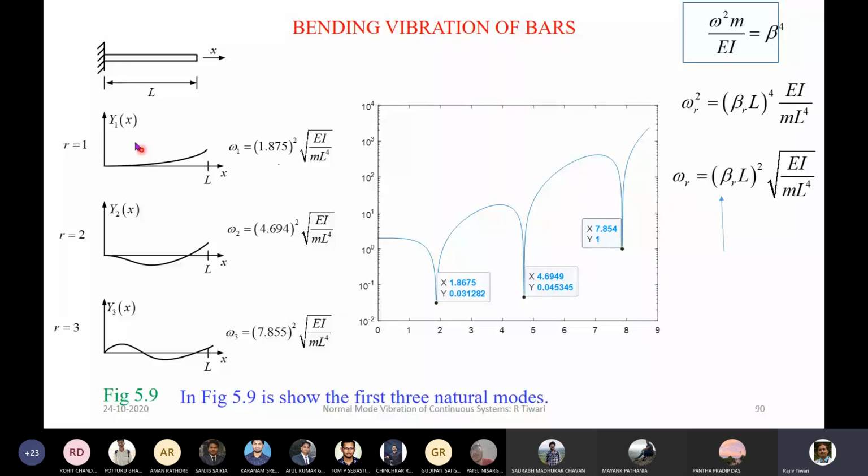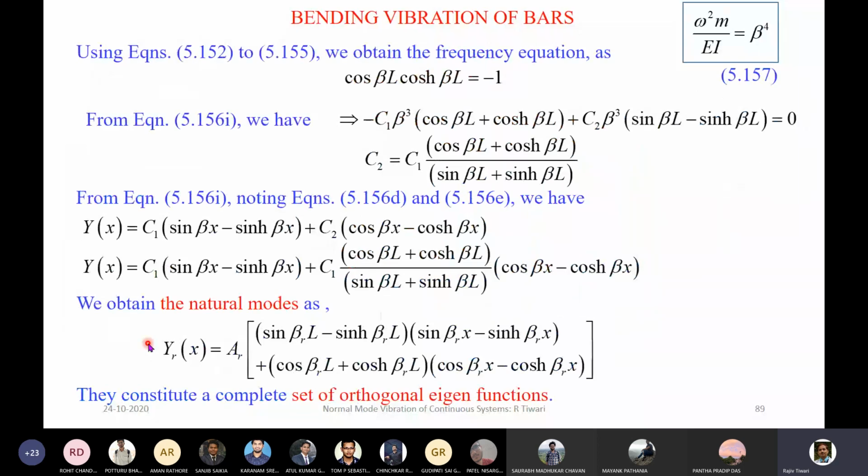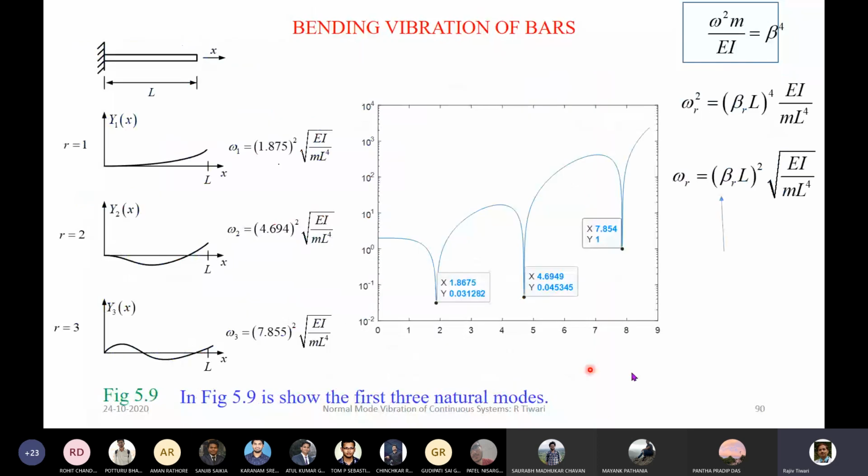And these are the variations of the mode shape, which is coming from here, which are orthogonal eigenfunctions. So here we need to vary from 0 to L values to get this kind of variation. So we are doing the 0 to L variation.